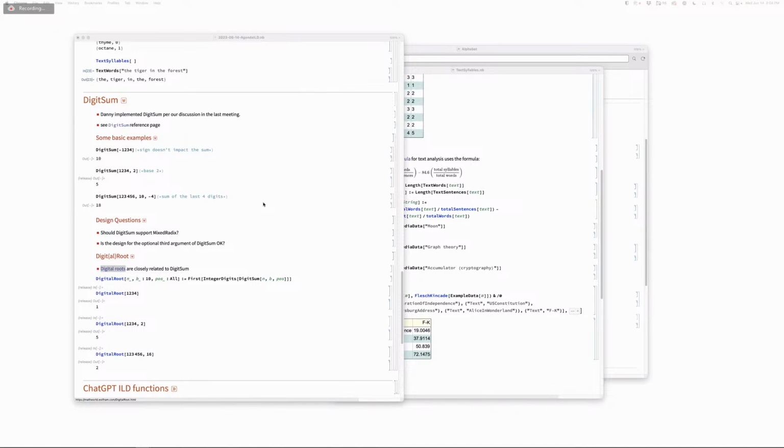I mean, it just seems awfully obscure. Well, the argument in favor is that we support it in things like IntegerDigits. So why not support it? If it's easier to support, let's support it. Is it easy? I guess we do IntegerDigits in the mixed radix and then sum them. Okay.